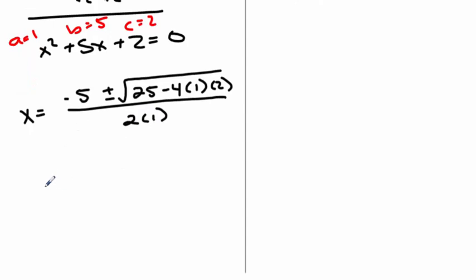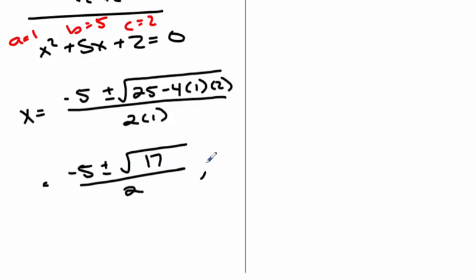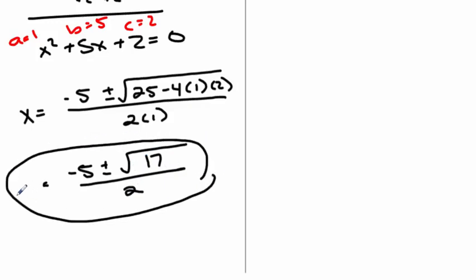So negative 5 plus or minus the square root of 25 minus 8, and 25 minus 8 is 17, over 2 times 1 is 2. The square root of 17 cannot be simplified, so this is done. There's nothing I can do with the square root of 17. I can't add 5 to it, so I have this fully simplified.